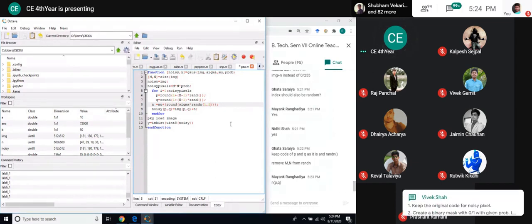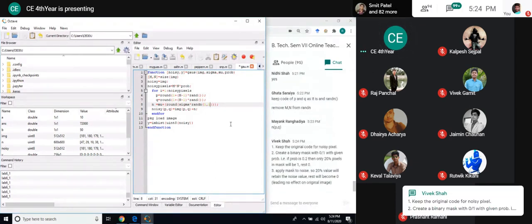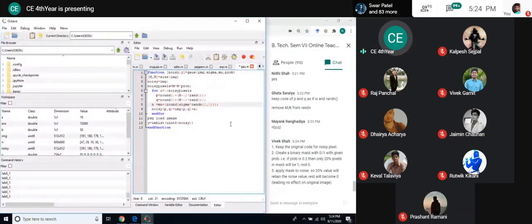Right? So I should keep the original code of noisy pixel. The suggestion is that the noisy pixel value should be as it is, and make 20% pixels 1 and the others 0.